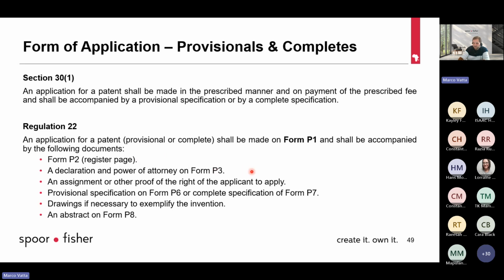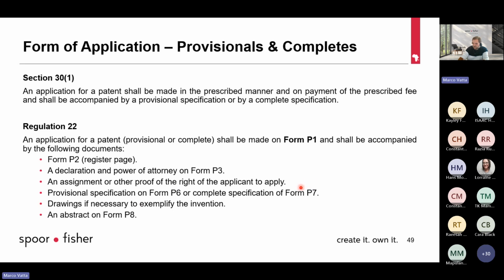It also needs to be accompanied with the declaration and power of attorney Form P3, proof of the applicant's right to the invention, if the applicant differs from the inventor, then obviously your provisional specification on a cover page Form P6, or a complete specification if it is a complete application on Form P7.